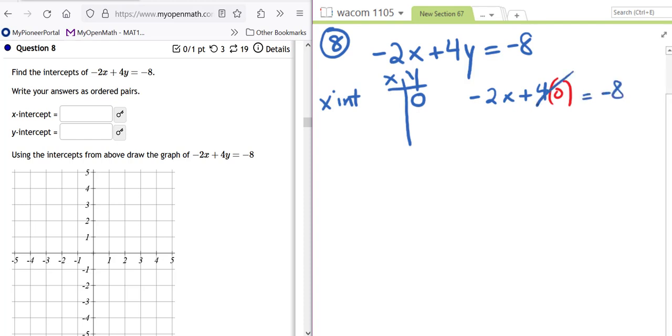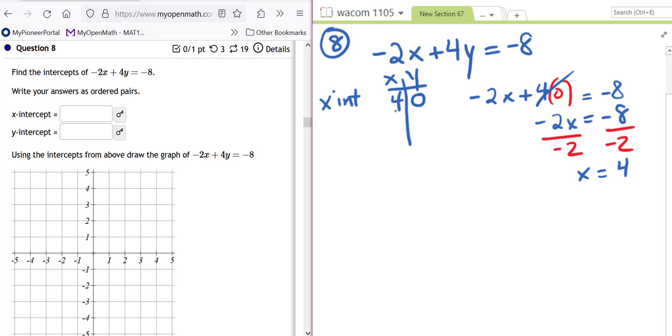The nice thing here is it will wipe that piece out. So you have negative 2x equals negative 8, and you will divide by negative 2. So we get x equals a positive 4. And that is the first answer. They want x-intercept.